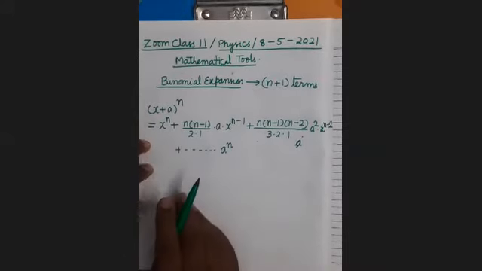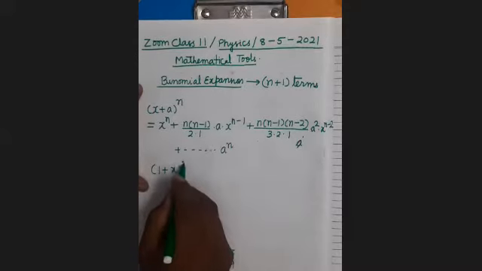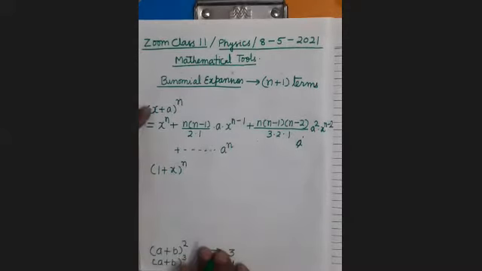So see here, now we can write one more expansion, (1 + x)^n. If you write this expansion with the help of this one, it's clear. So what will you get?